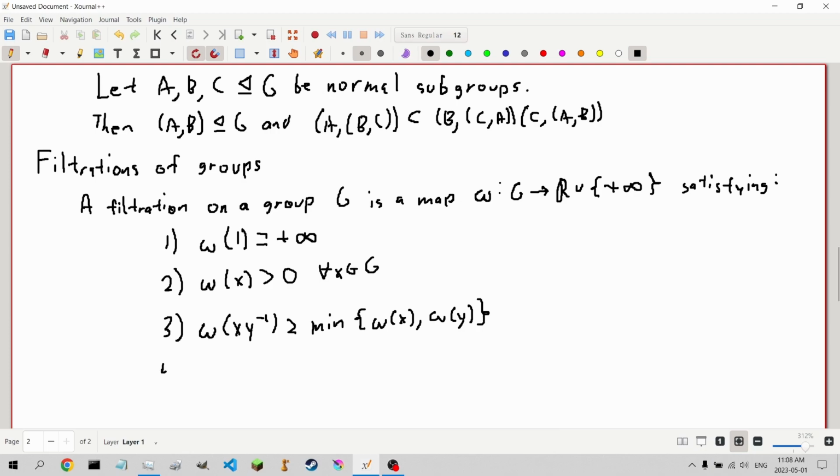And fourth, how it acts on the commutator of two elements from the group is going to be at least the sum of how it acts on each individual element.